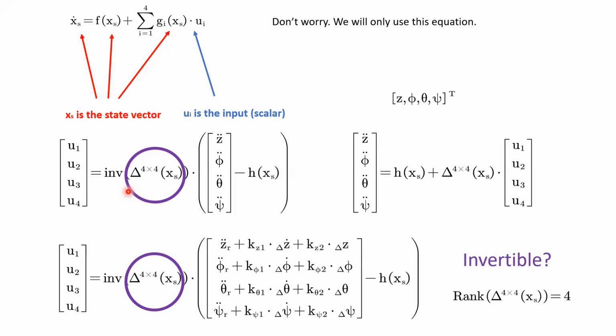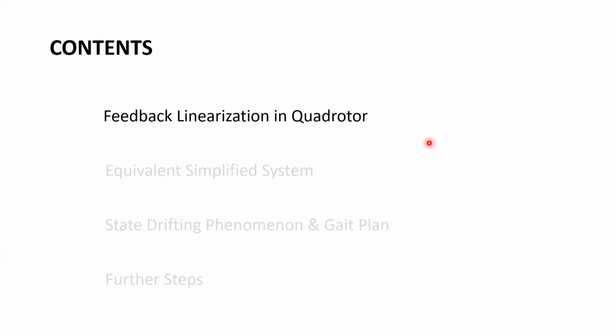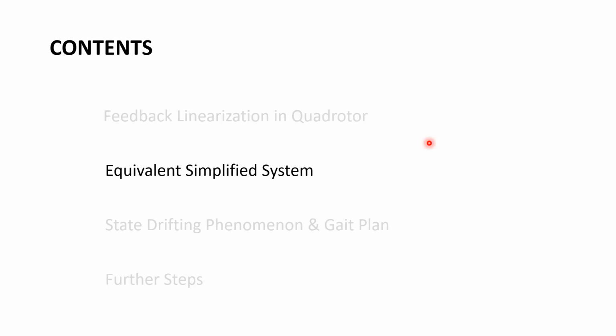So it is invertible. A simplified model can be used to test this controller before controlling the quadrotor. This simplified model can be a car. So this is the end of the introduction part. Let's move on to the next section.